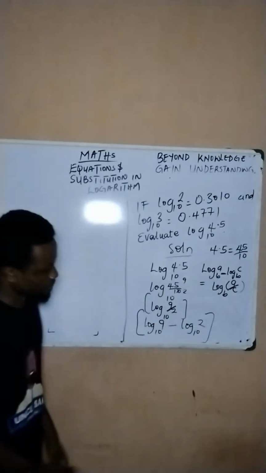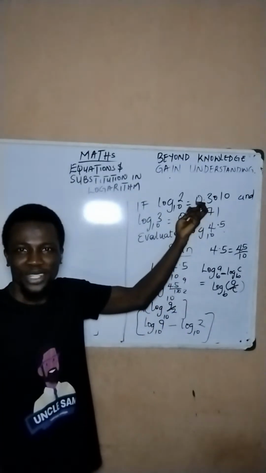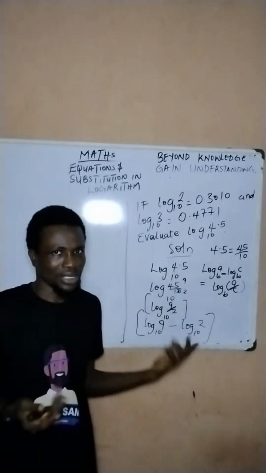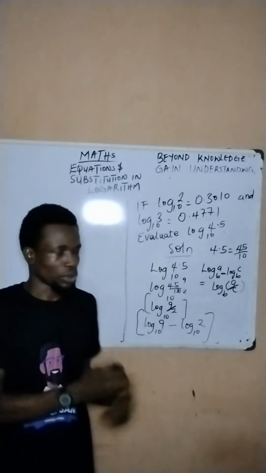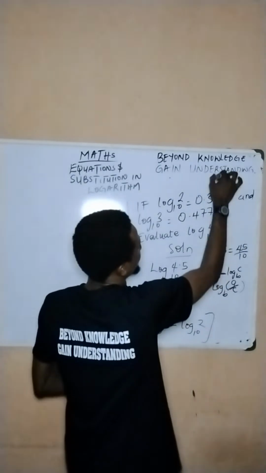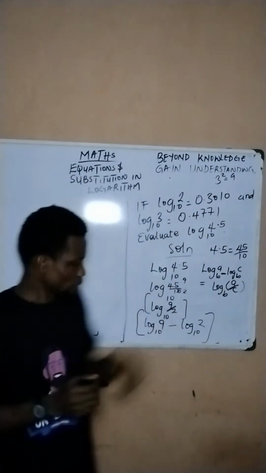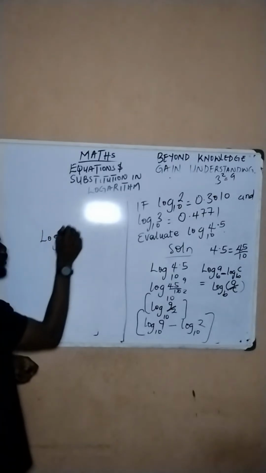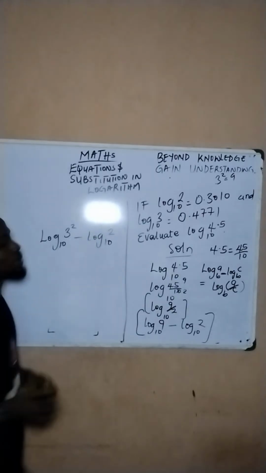So in this form now, we are getting closer. At least log 2 base 10, that one is sure. We can replace it here. But log 9 base 10, there's no provision for log 9. So I need to do a bit of simplification. I know that 3 squared is the same thing as 9. So I can replace this 9 with 3 squared. Let me continue here. Log of 3 squared base 10 minus log 2 base 10.